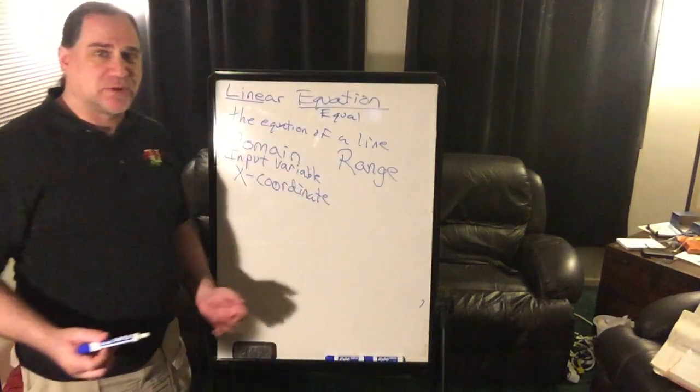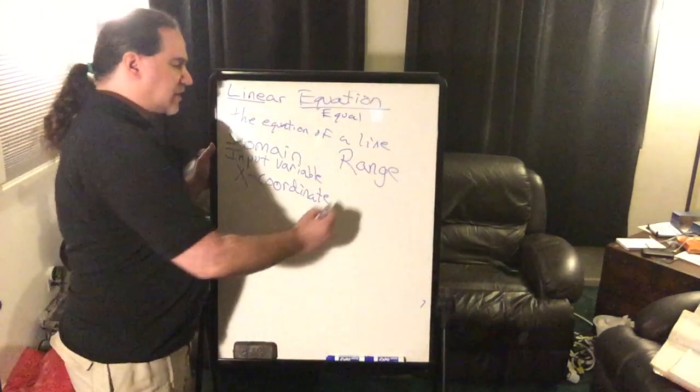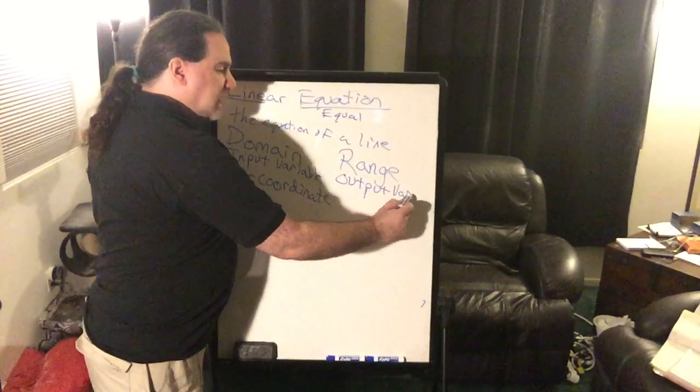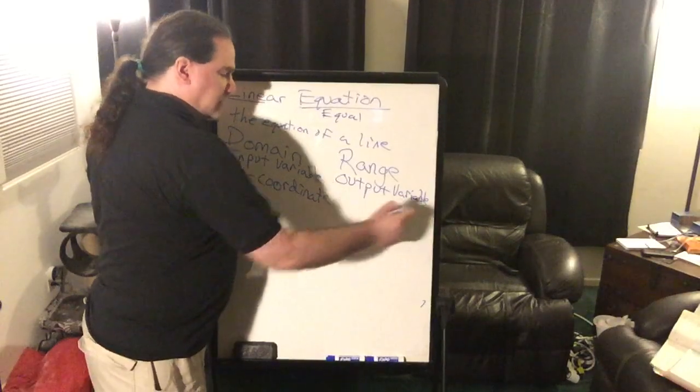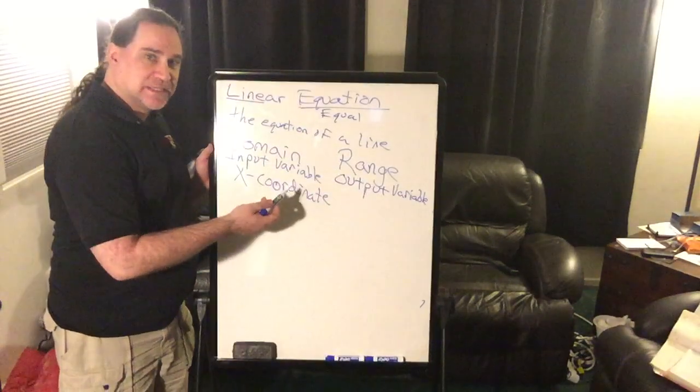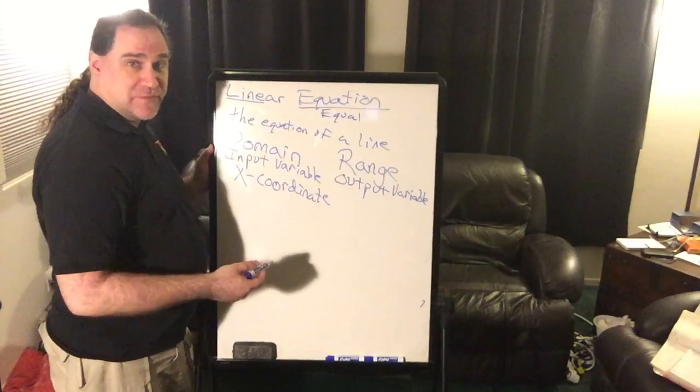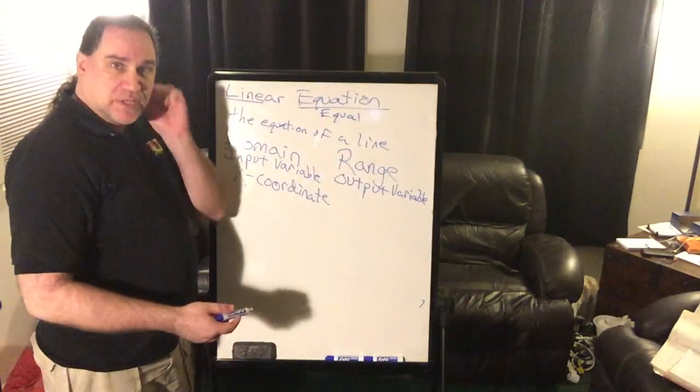Well, I think it makes it clear what the range has to be. The range is actually called the output variable. And it's, well, if I know what x is, then when I put it into the equation, I get a y value out of it. I get an output variable. Okay?